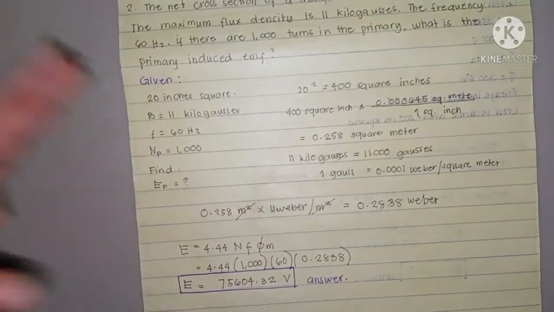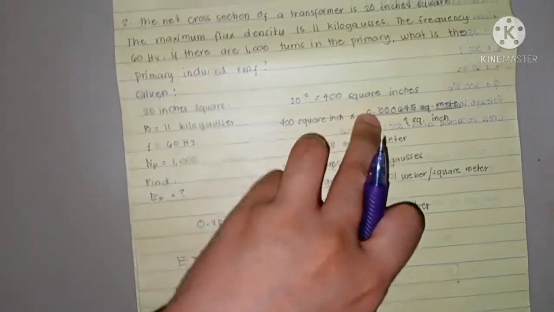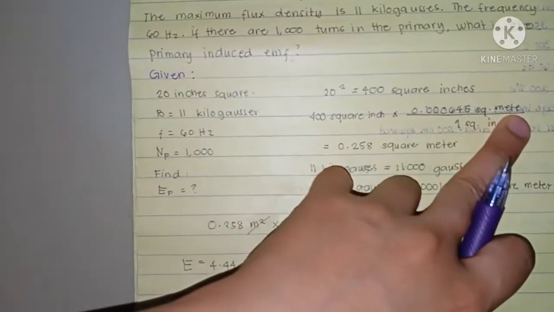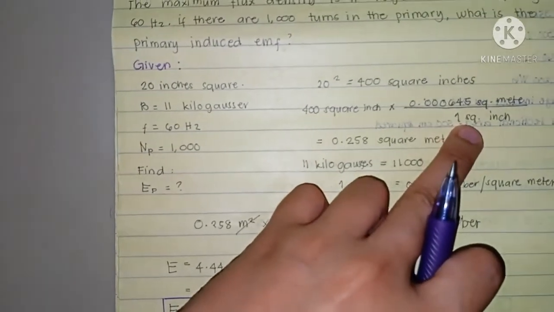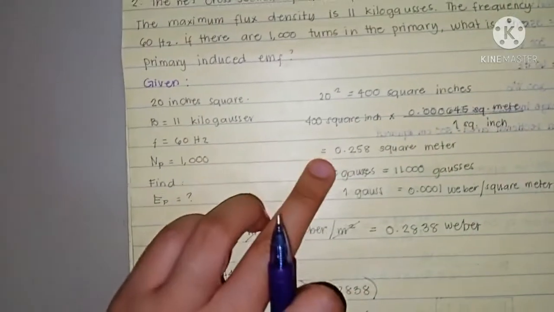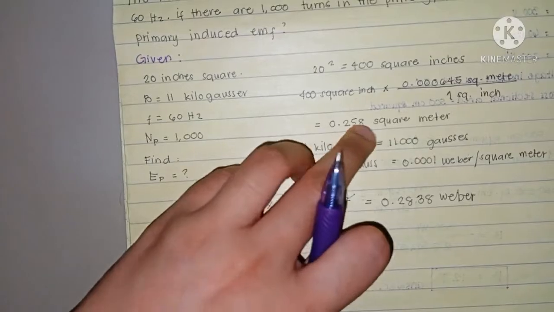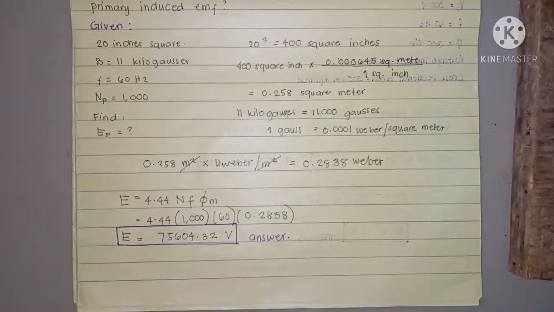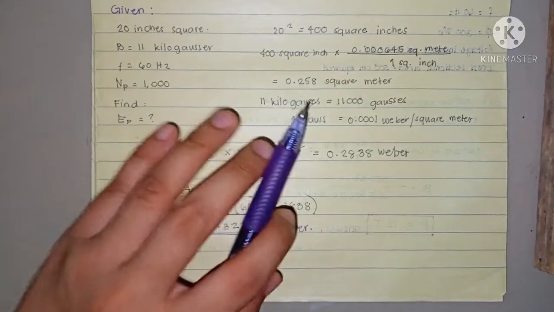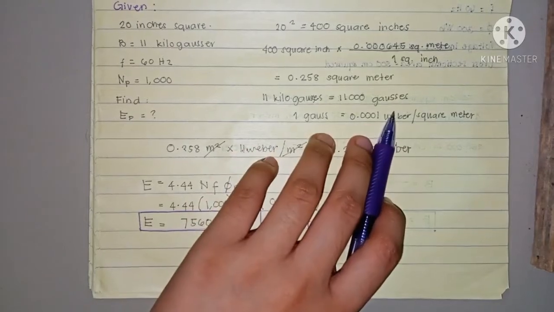So we have 400 square inches times 0.000645 square meters over 1 square inch. We cancel the square inch on both sides. So we obtained 0.258 square meters.